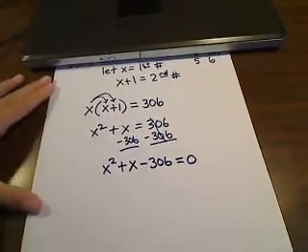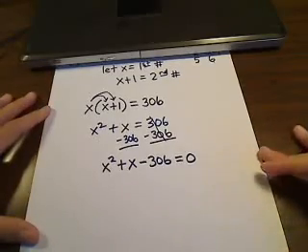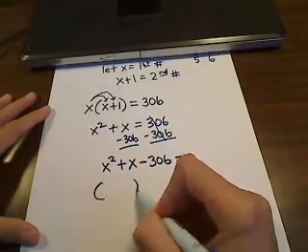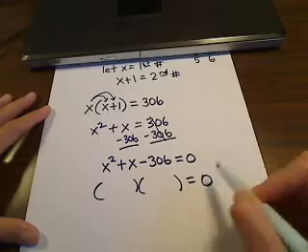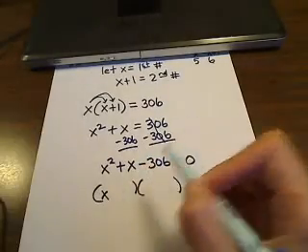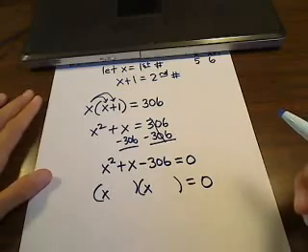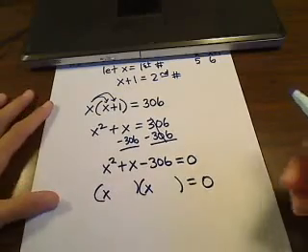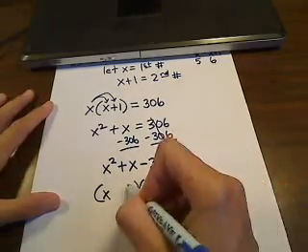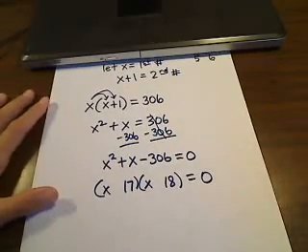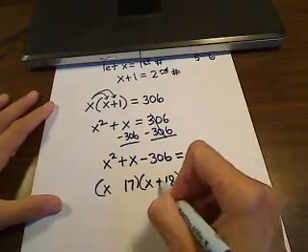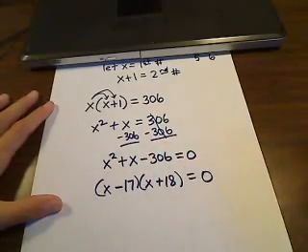Okay, at this point I want to factor this, so I'm going to use trial and error. I'm going to use an x and an x. And for 306, if you use your calculator, eventually you'll find that 18 times 17 gives you 306. If I put a plus sign here and a minus sign there, that will work.